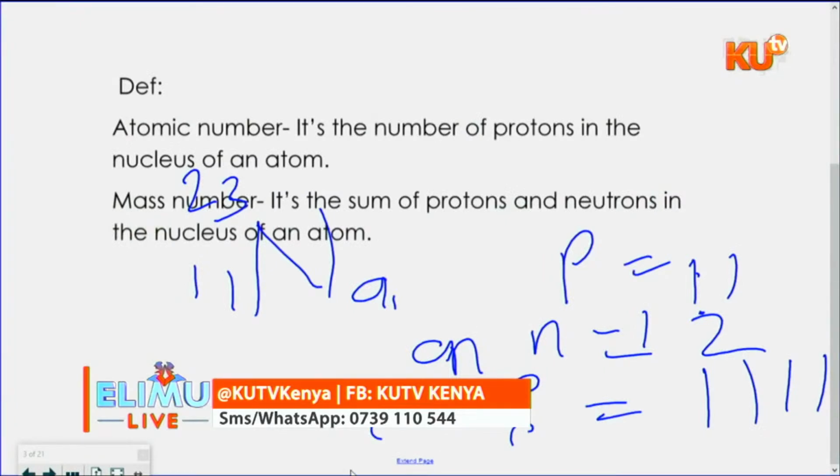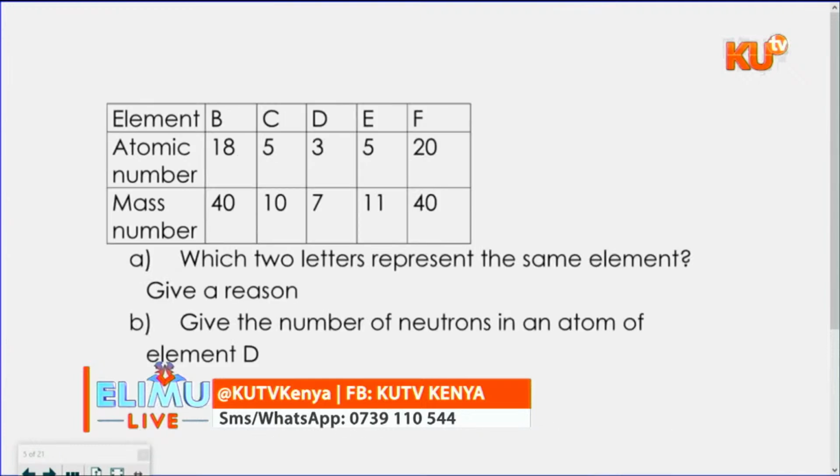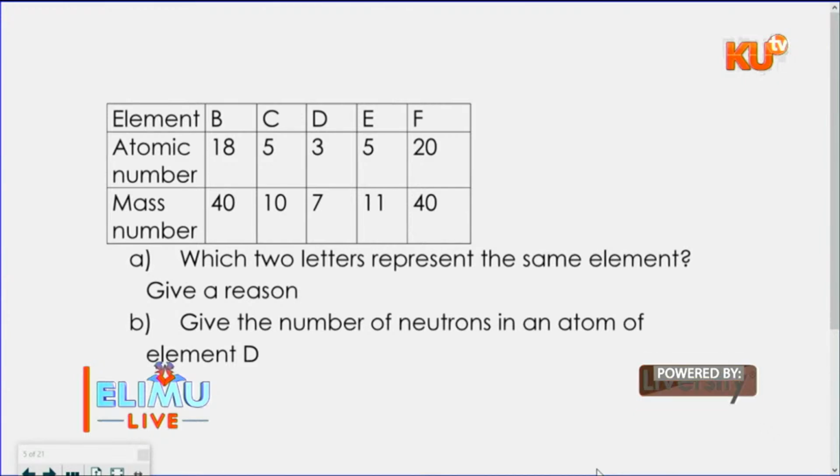So that can help you to answer the first question, which is asking which 2 letters represent the same element. What is an isotope? Atoms of the same element with the same atomic number but different mass number. From the table, you can see that it's element C and D, which have the same atomic number, but their mass number is different.